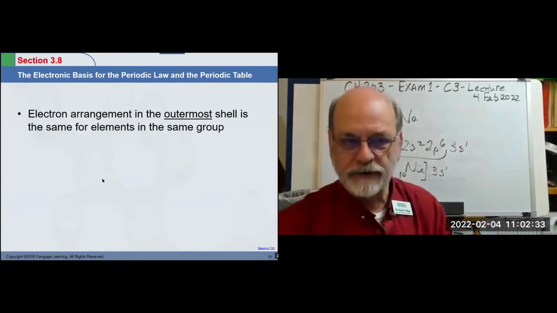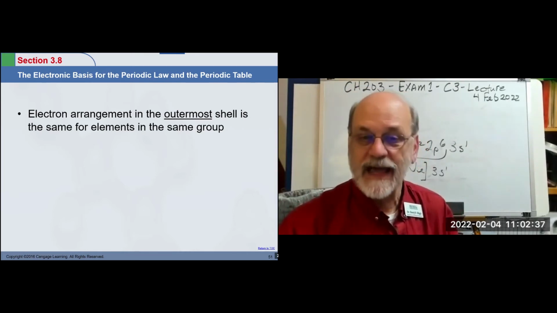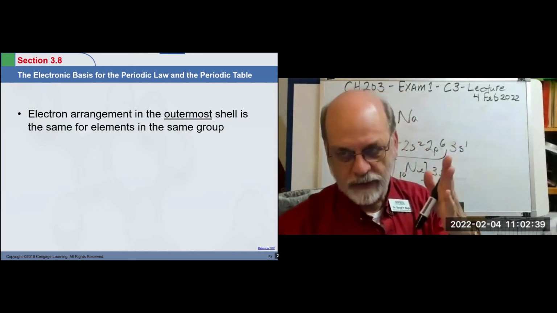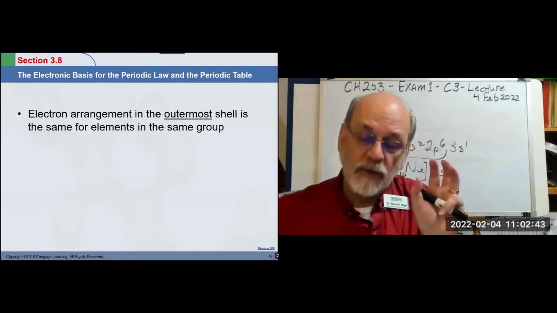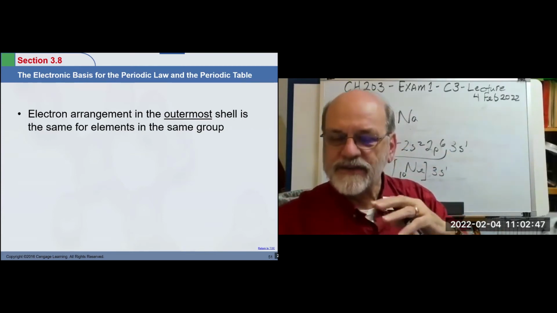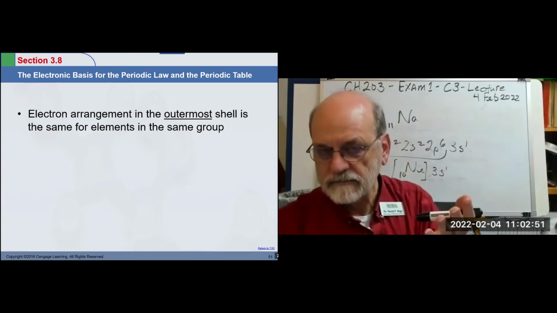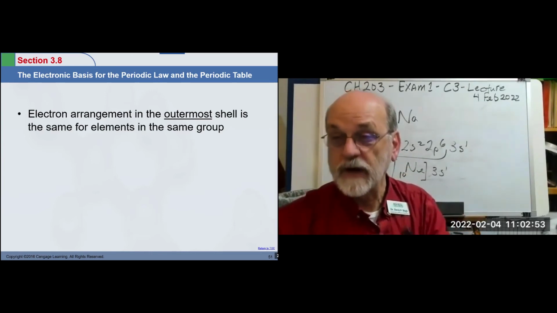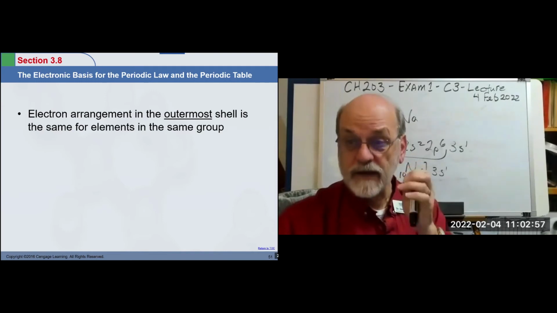I stole my own thunder. The electronic arrangement in the outermost shell is the same for elements in the same group. Now, they don't have the same principal quantum number because they're in a different period, but they have the same general arrangement. That's why they're not exactly the same reactivity, but they're very similar.